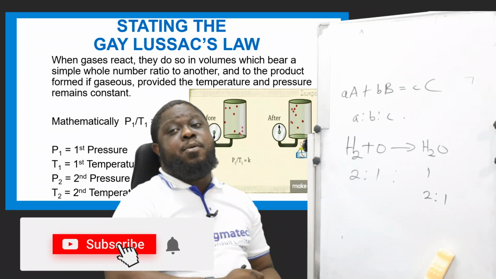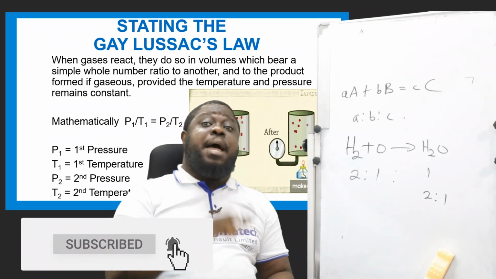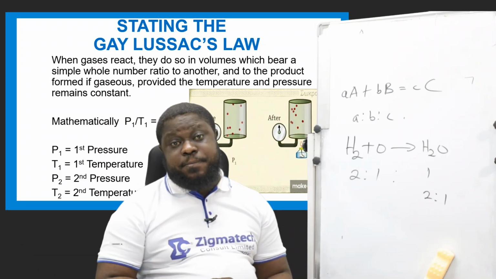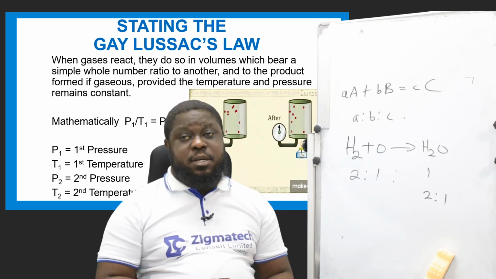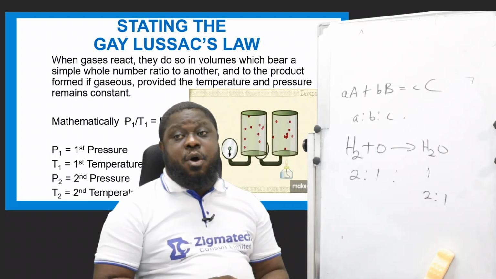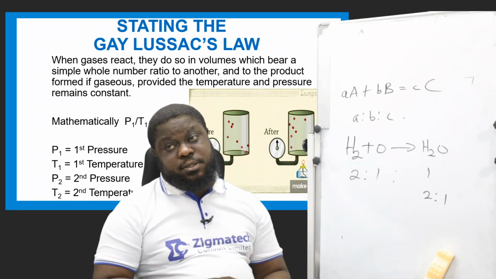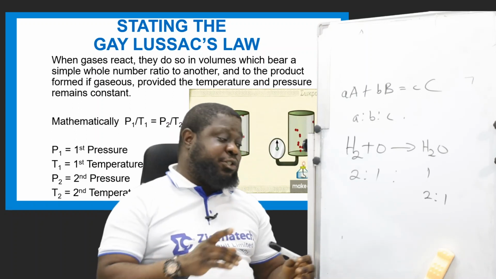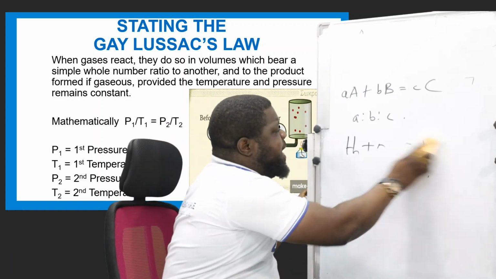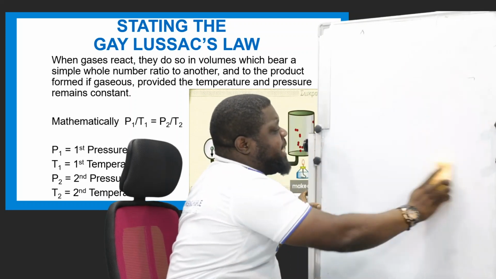Now mathematically, it's P1 divided by T1 at constant temperature and pressure. If the temperature and pressure are constant, they are going to give you the same thing. I'll just give you an example of this. Now he said formed if gaseous. If gaseous, let's take two gases.